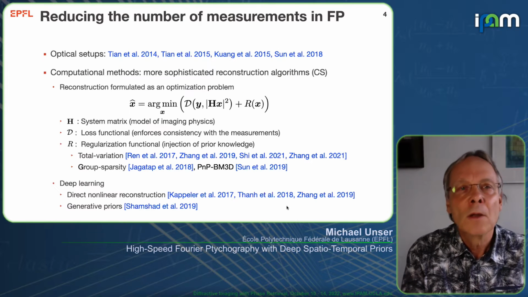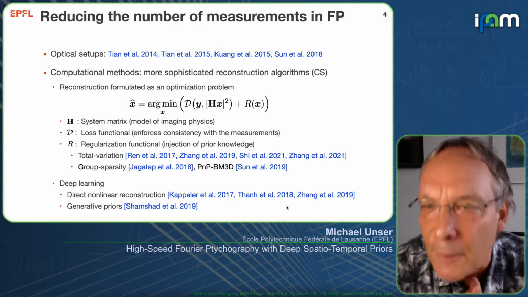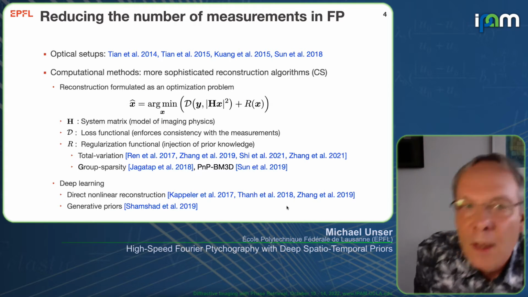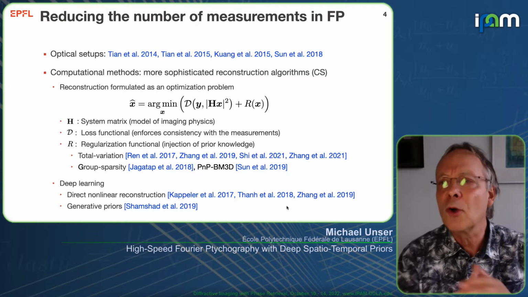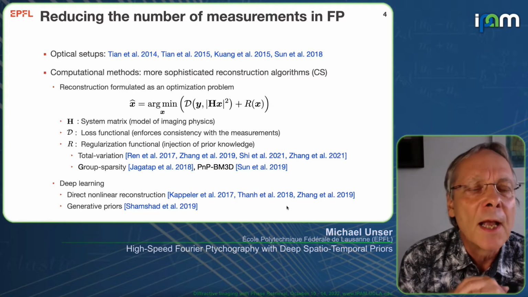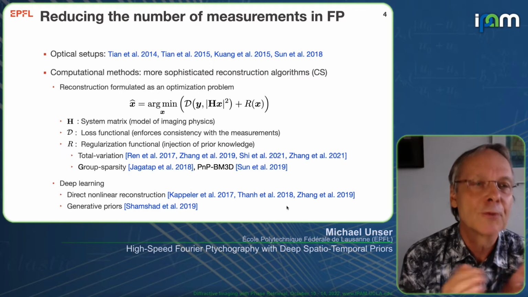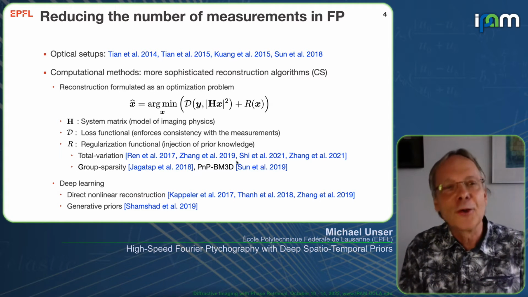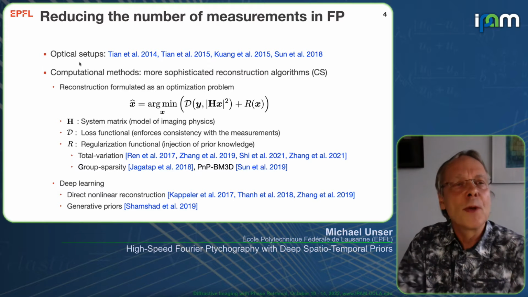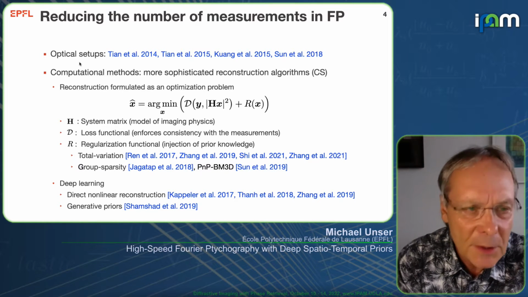There are still approaches trying to make Fourier ptychography more efficient. Several of the people are actually here in the workshop, which is very nice. I would have liked to talk with them. The first way is by using optics.